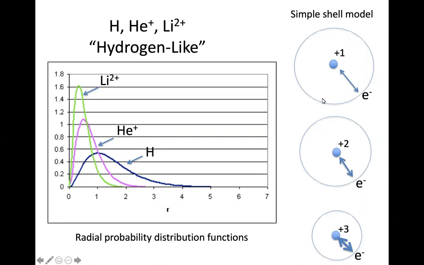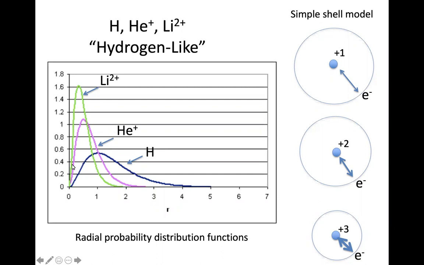Now, notice how these shells are getting smaller. The electron is being found in a 1s orbital, but closer and closer to the nucleus. And if we go back to the radial probability, that's what I'm seeing too. Hydrogen, and then with helium plus it gets pulled in smaller, and lithium 2+ gets pulled smaller yet.